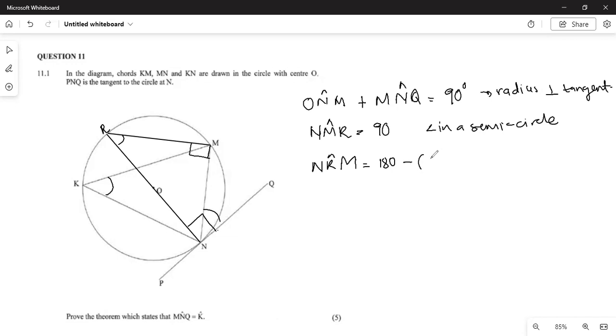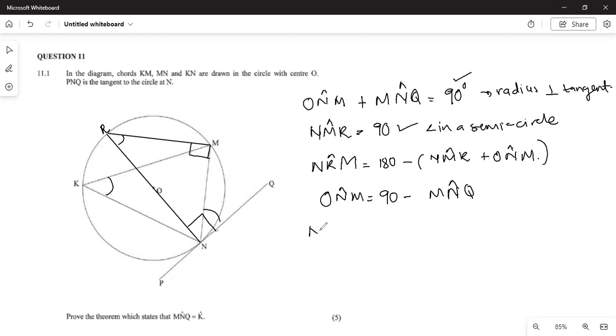We want to remove R, and we also need to remove O and M. Now for NMR, it's clear it's 90. For ONM, we'll just have to rewrite this with regards to MNQ. So we'll say ONM is 90 minus MNQ.